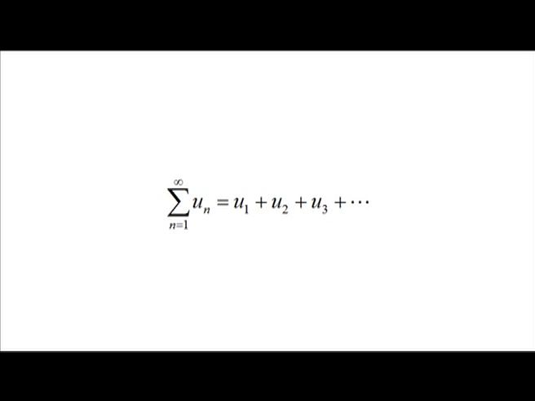In particular, for any positive integer k, the series summation u_n, n from 1 to infinity, equal to u1 plus u2 plus etc., and summation u_n, n from k plus 1 to infinity, equal to u_(k plus 1) plus u_(k plus 2) plus etc., both converge or both diverge.